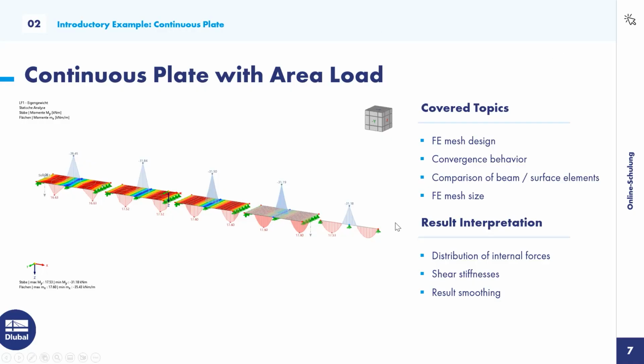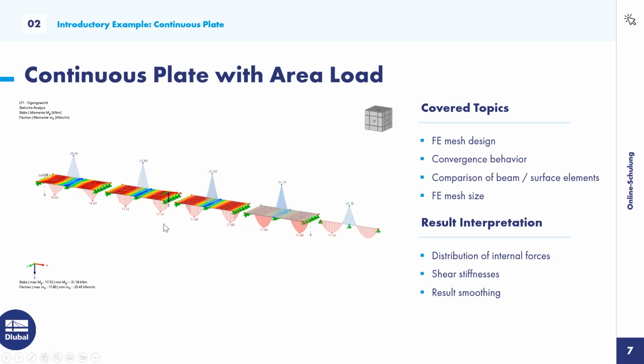First, let's talk about our investigation, what we're gonna do in the first model. We're gonna investigate a continuous slab. So we see it right here. It's just a slab with 3 line supports, one in the middle and one at each end.